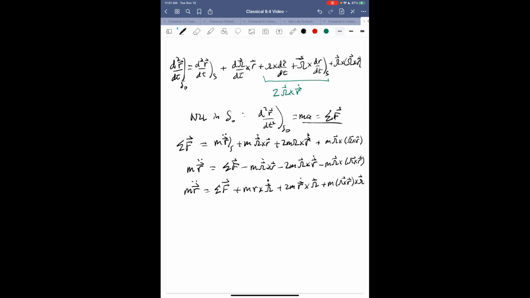And so then we give these guys some names. This is the transverse force, F trans. And this is the Coriolis force. And this is the centrifugal force.